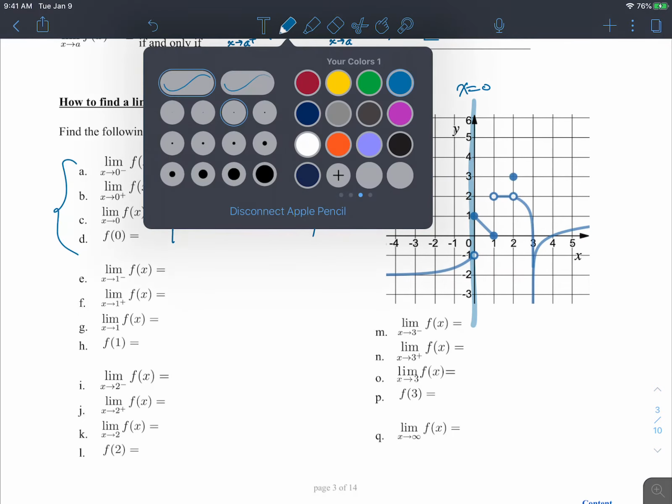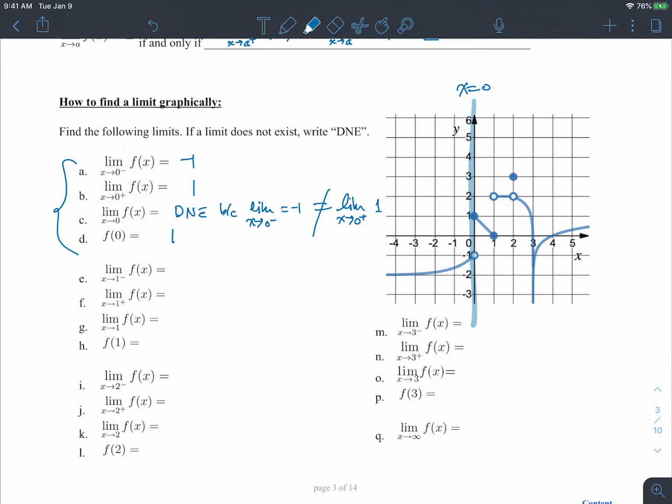Let's try with something else. Let's go with green this time. All the values over there are approaching 1, which is right here, so x is equal to 1. Coming from the left, as you can see, it's going towards 0. Coming from the right, it is approaching 2.